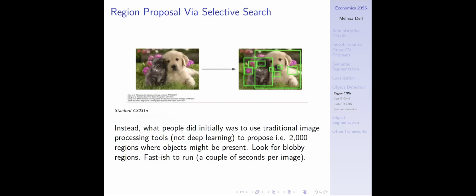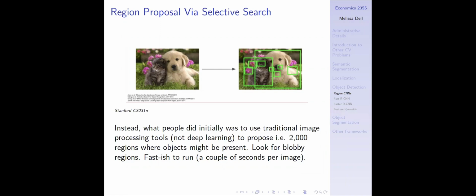And so what people initially did was something called region proposal via selective search. This uses traditional image processing tools, not deep learning, to propose, for example, 2,000 regions where objects might be present. Essentially, they're just looking for blobby-like things that could be objects. We're not going to go into how they do this, because this is historical.